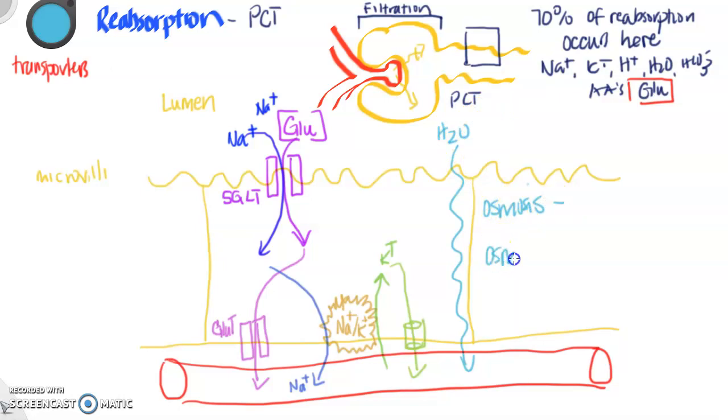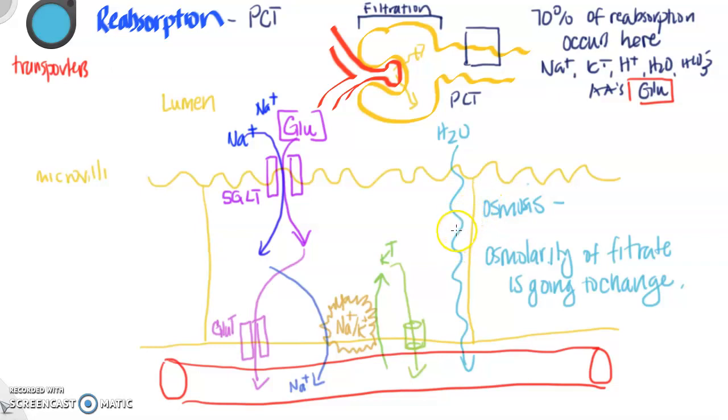So the osmolarity is decreasing. That means that the filtrate is starting to get more concentrated within this proximal convoluted tubule.